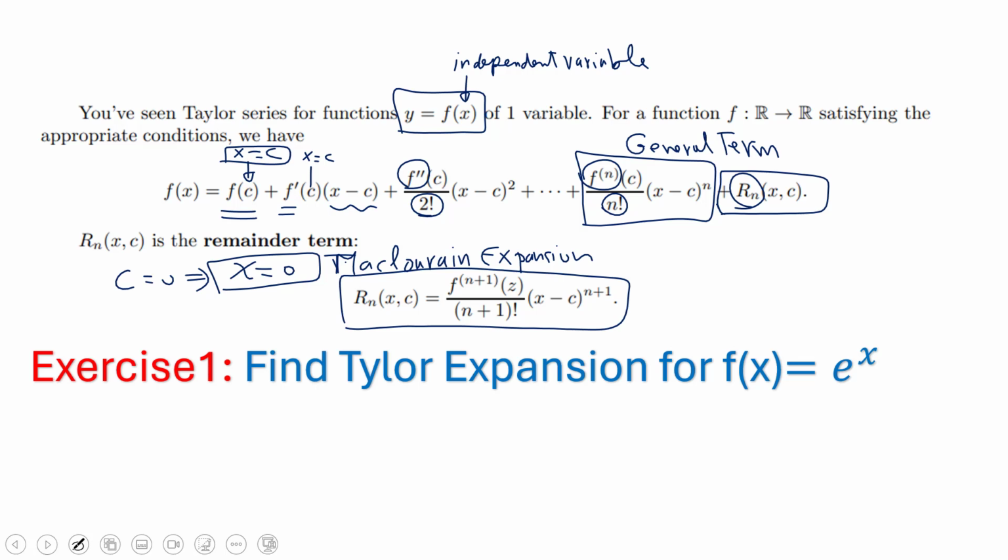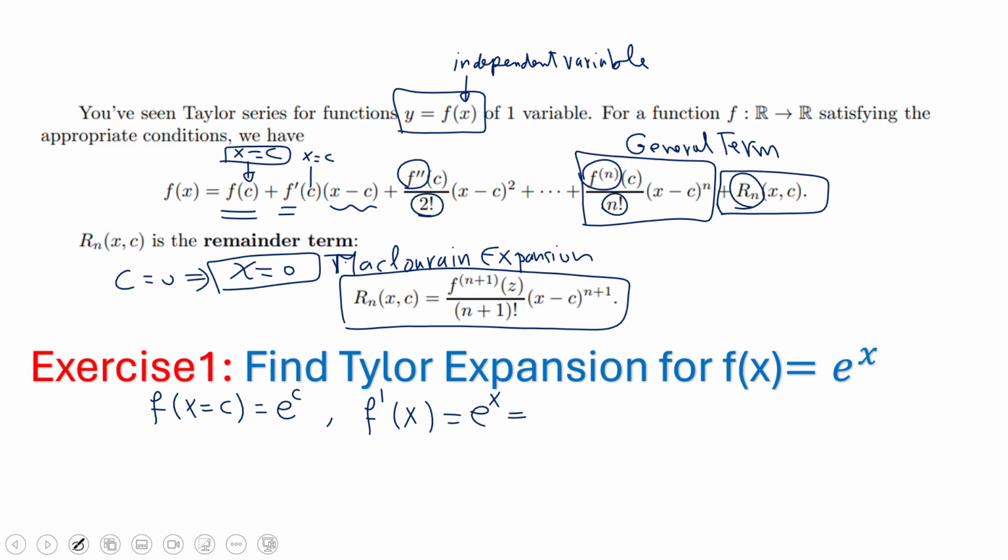Let's go and apply it for the function f of x. What you need to find the Taylor expansion, you need the value of x equal to c, the value of the function, right? So it is equal to what? e to the c. Now you need the first derivative, which is also e to the x, right?